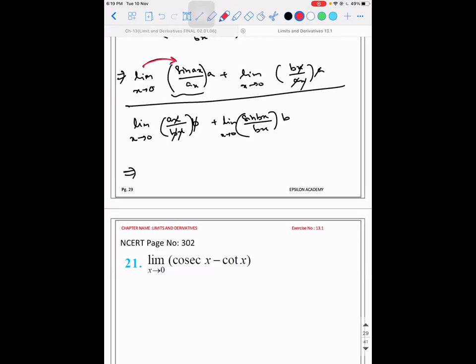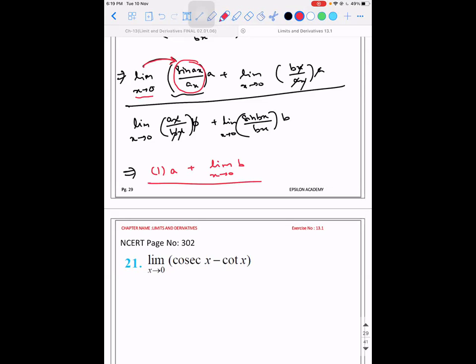So when I substitute the value here, sin ax by ax with the limit x tends to 0 is going to be 1. 1 into a, plus limit x tends to 0, b by a into a is b.